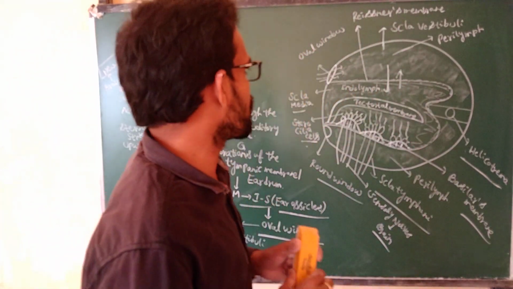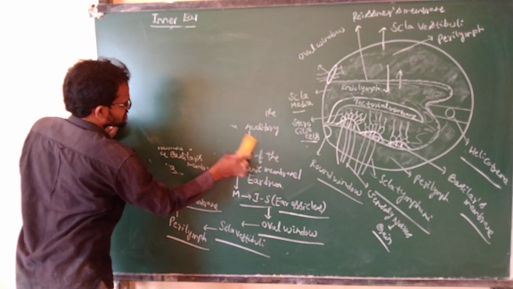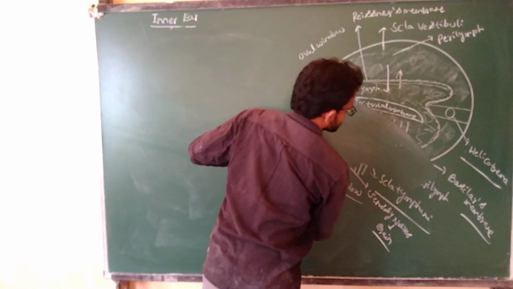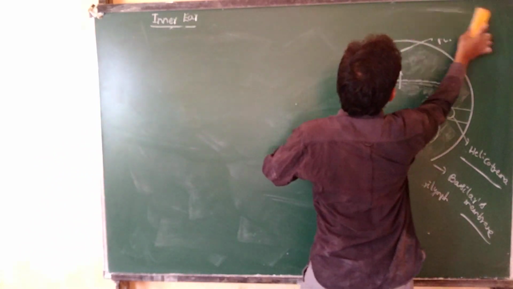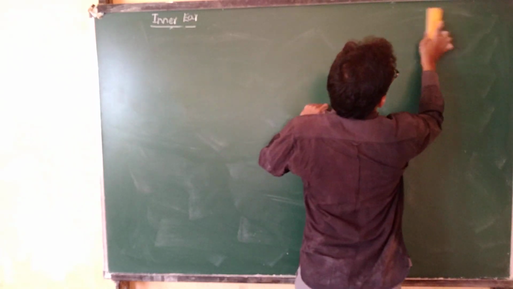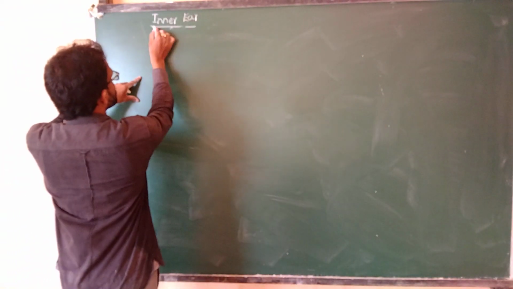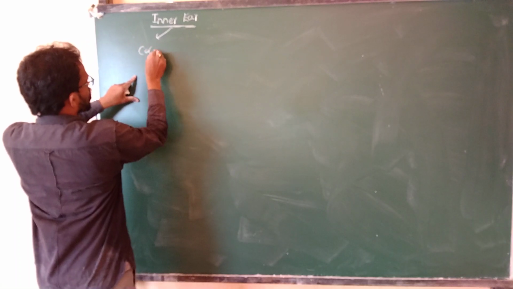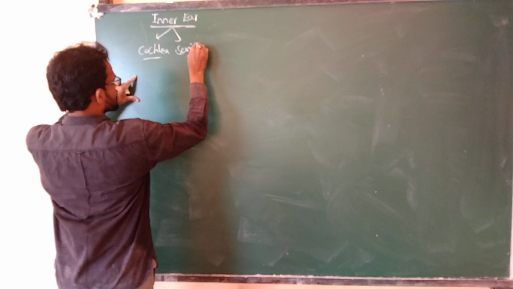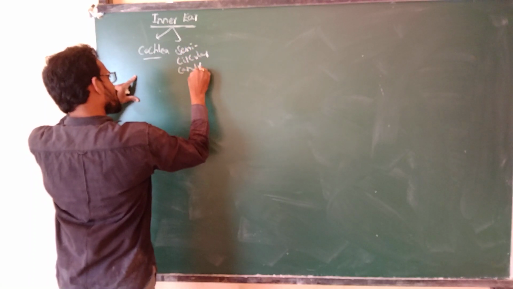What is the second important part? That is the semicircular canals. What is the first part? Cochlear. The second part, semicircular canals. How many?